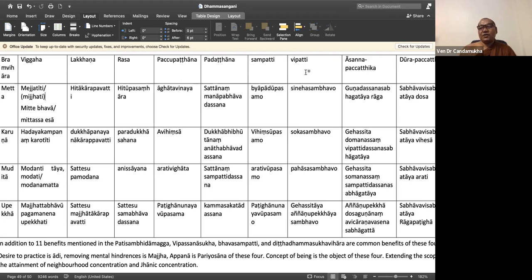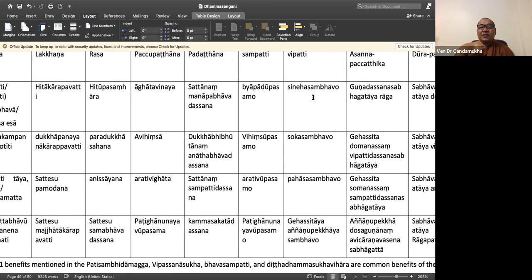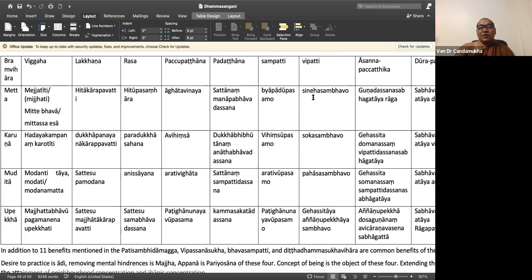So that's why here, vipatti, the defection of the metta bhavana. Sometimes when you are practicing metta bhavana, instead of leading to the perfection of the metta bhavana, it leads to the defection. That point we come to know by seeing sineha sambhavo. Sineha means to fall in love with the being you are practicing metta bhavana toward, for example.